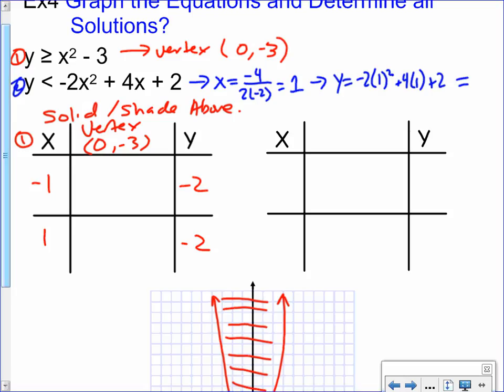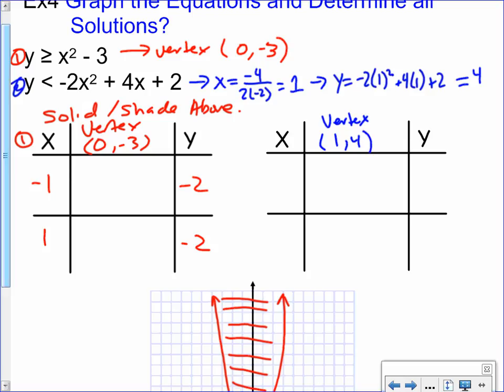So that's -2 plus 4 plus 2. -2 plus 2 is 0, so it's just 4. Okay, so my second one's vertex is going to be at 1, 4.